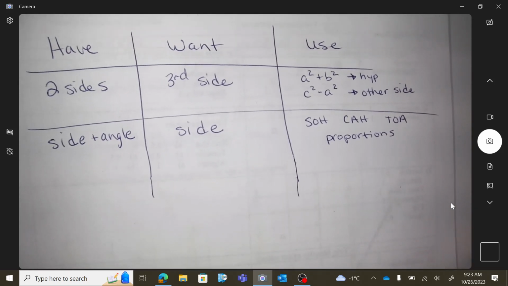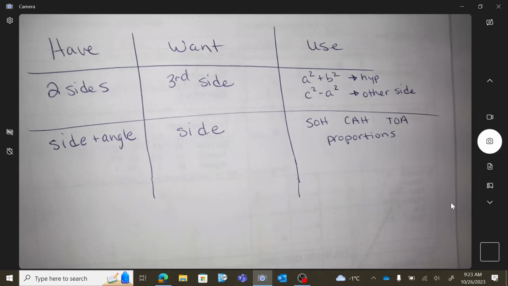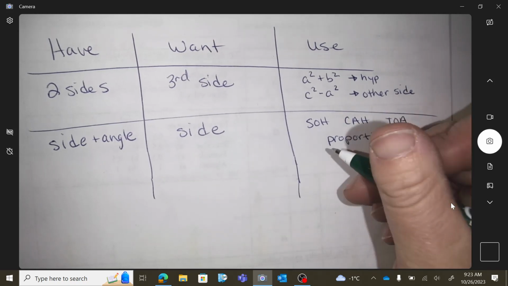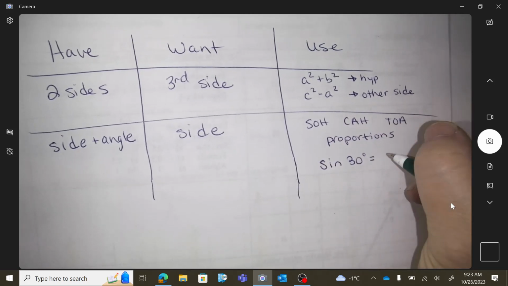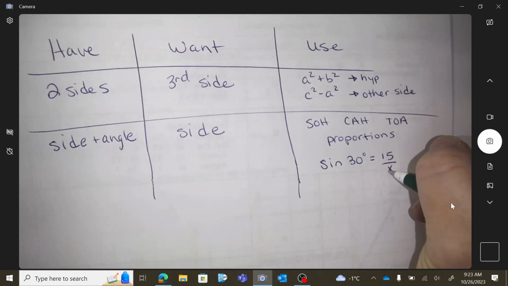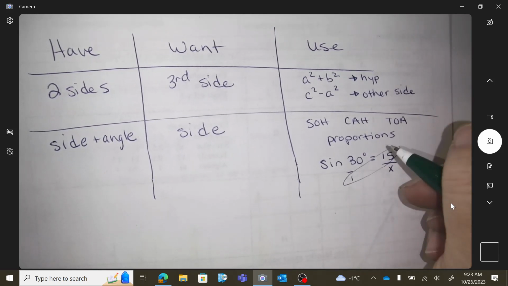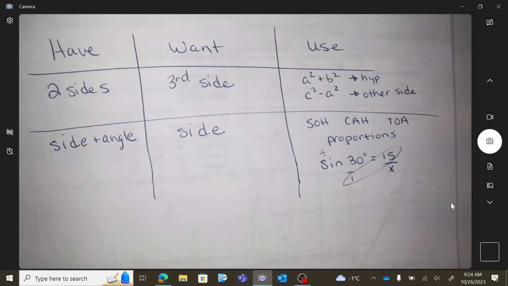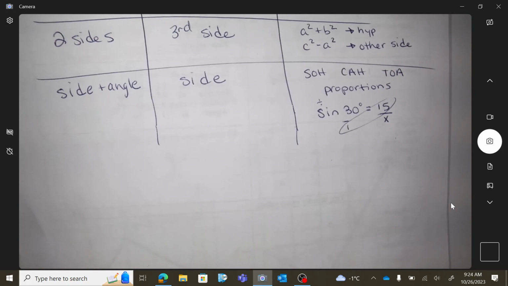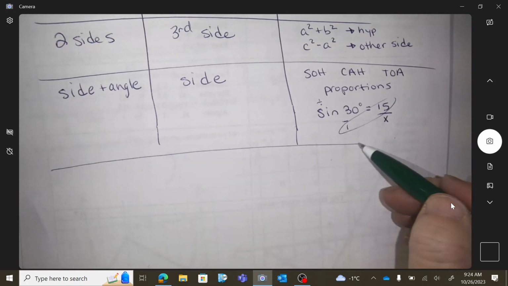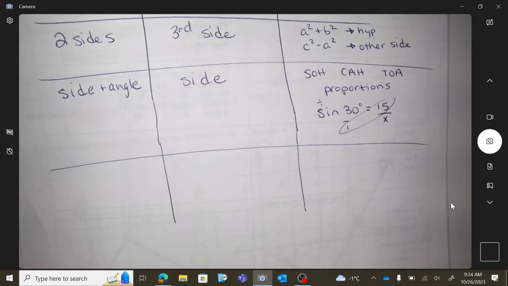So if you have a side and an angle, you're going to do SOHCAHTOA with the proportions. So what would that look like? Something like that. You have a side and angle to get a side. So that's what we did yesterday.